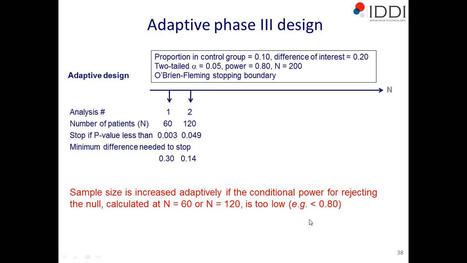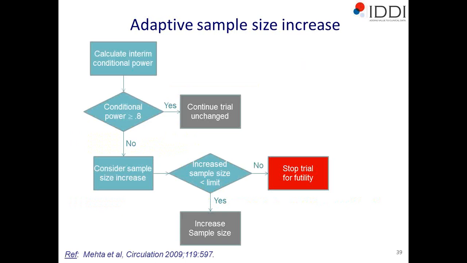For instance, if it's below 80%, which you pre-planned. The idea would be that if you see at your interim analysis that your treatment doesn't do as well as you think, you could try to increase your sample size, and only then would you have to look for the extra money.